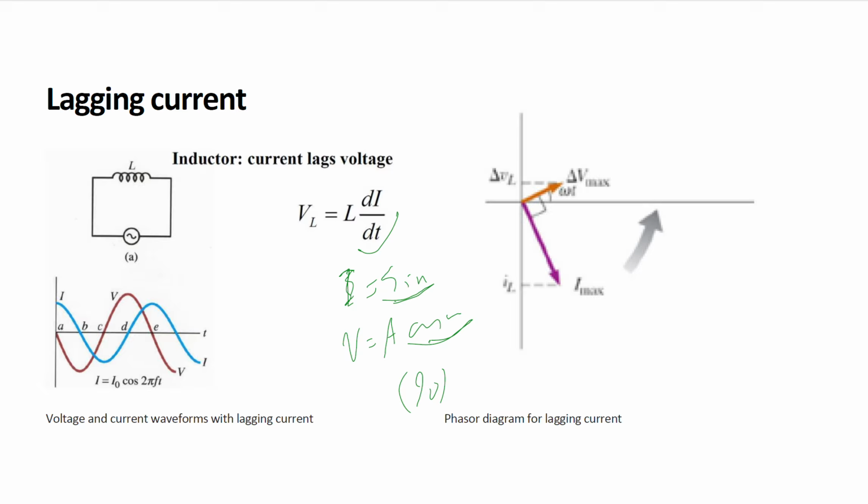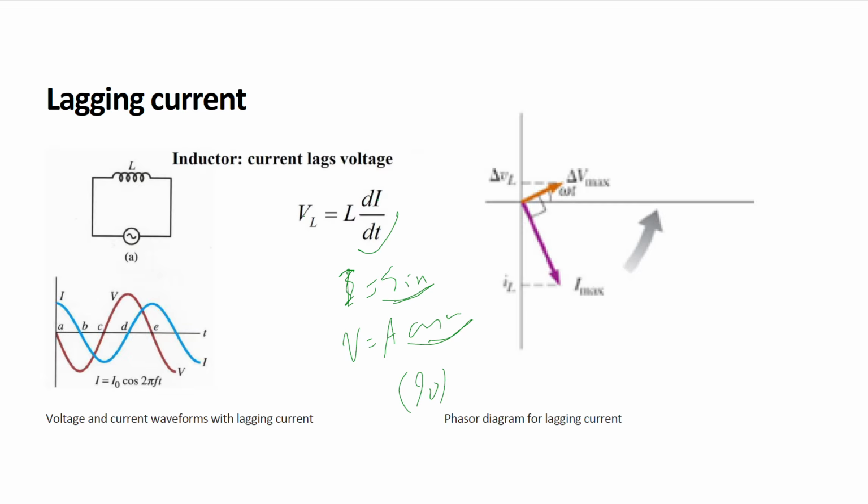Now if we have a 90-degree phase shift between the current and voltage, meaning the current phase plus 90 becomes the voltage phase, that means we have a phase shift between the voltage and current. Now, is it a positive phase shift or a negative phase shift?